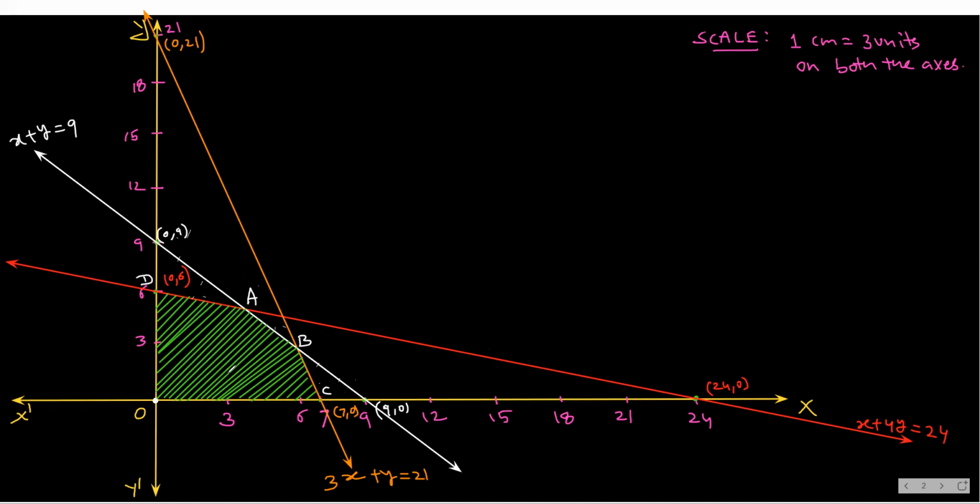And remember, students, this is a convex set. I've already taught you what a convex set is. So I write: the shaded region A, B, C, O, D is the feasible solution set.